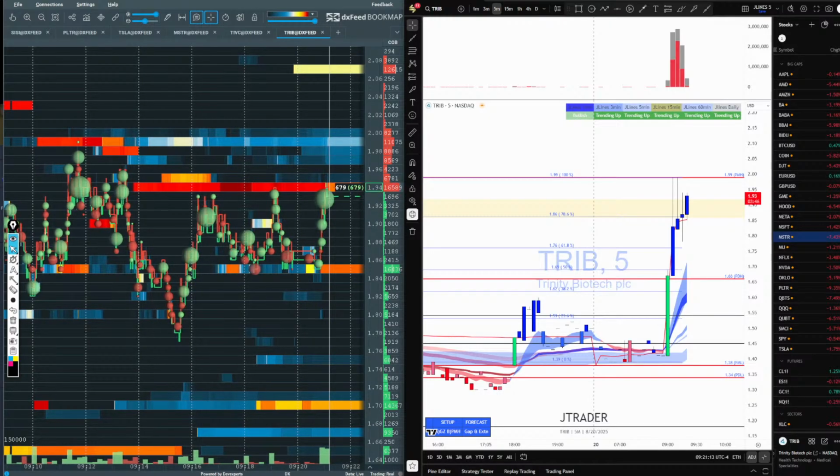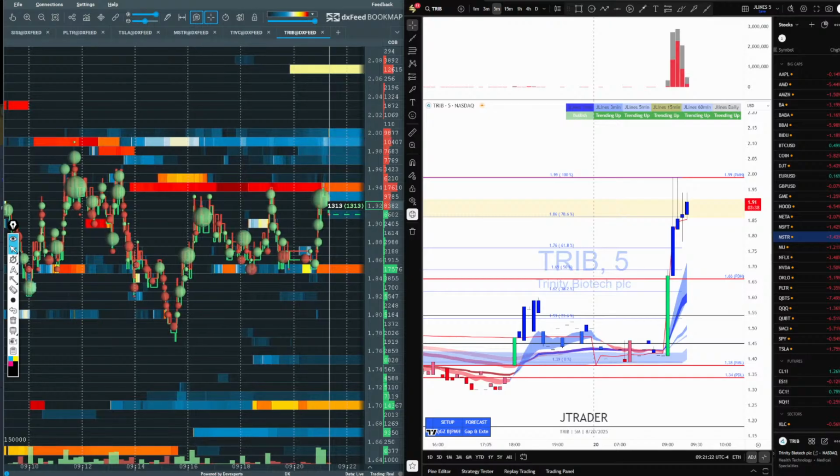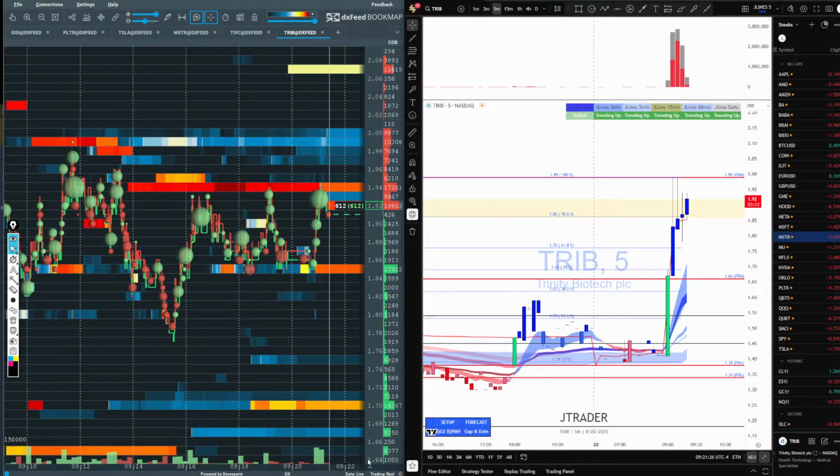They're gonna break that 194. Let's see. It's still stacking. I'm looking for this 194 breakout to buy.